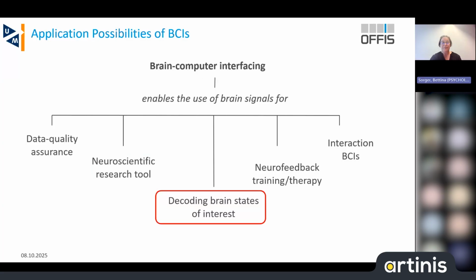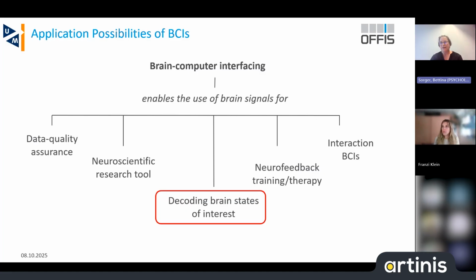Then the next application possibility is decoding brain states of interest. And here we can think of, for example, reading brain states that are associated with specific diseases, or also with levels of attention, working memory, tiredness, and so on.